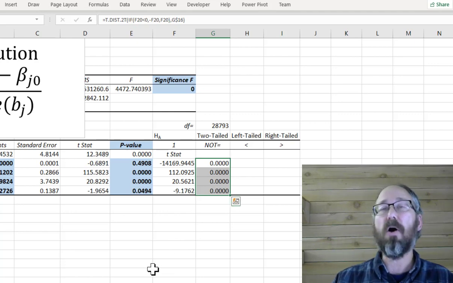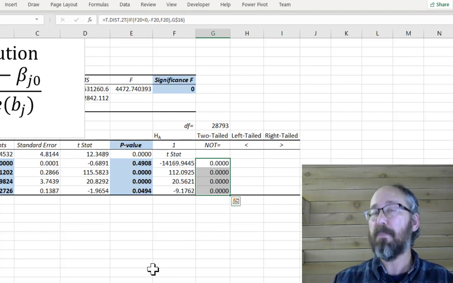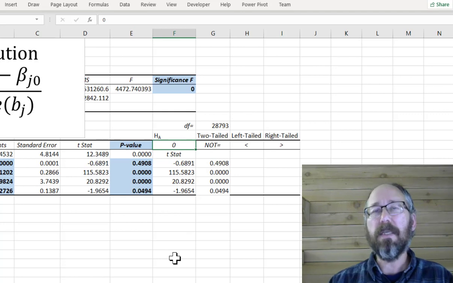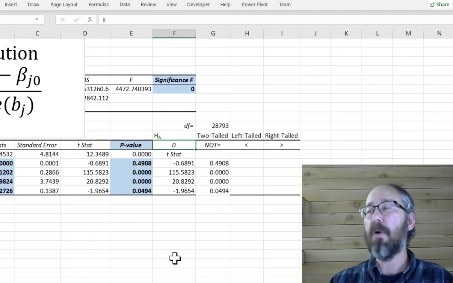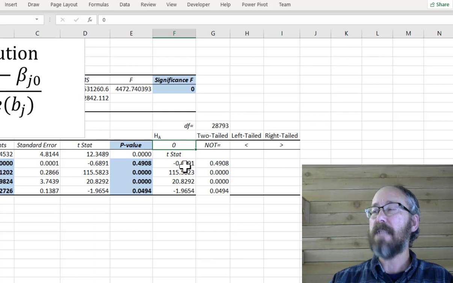In fact, they're all significant at the 5% level. So when we're adjusting this to some other value besides 0, we have to build that into our Excel formulas, by manually calculating the t-stat and from that the two-tailed test.